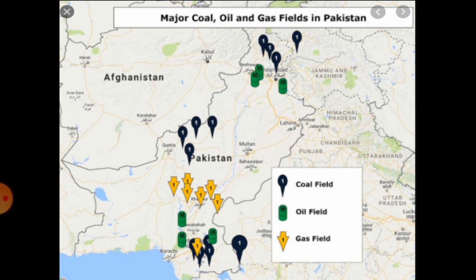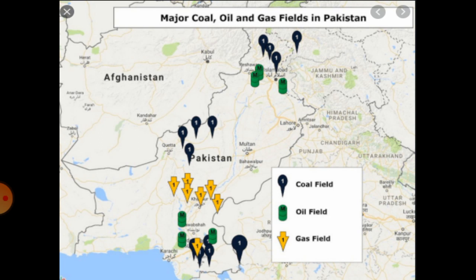Students, natural gas is very valuable for Pakistan because it fulfills 35% of our energy requirement. Natural gas was first discovered in Sui in the province of Balochistan in 1952, by Pakistan Petroleum Limited during their petroleum hunt operation.